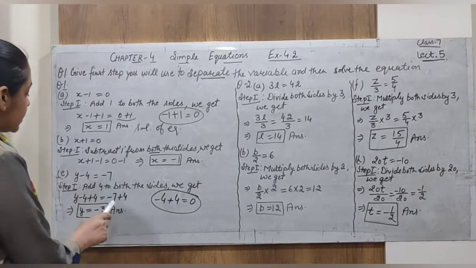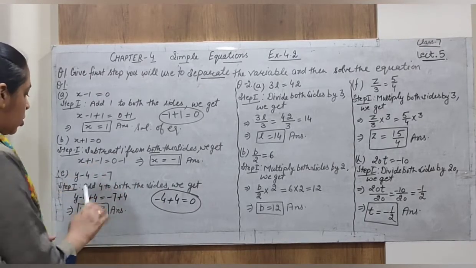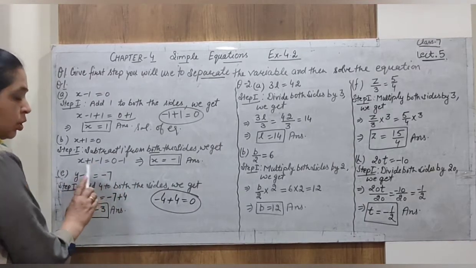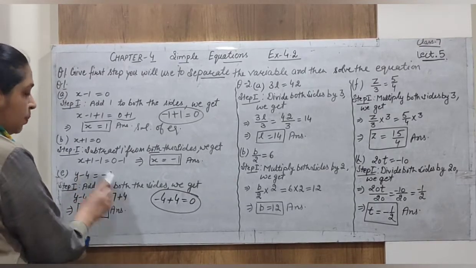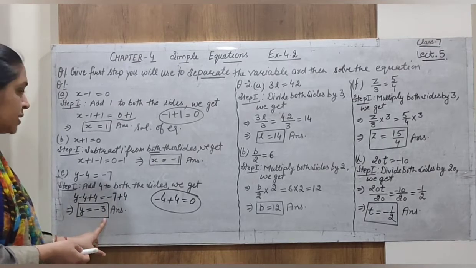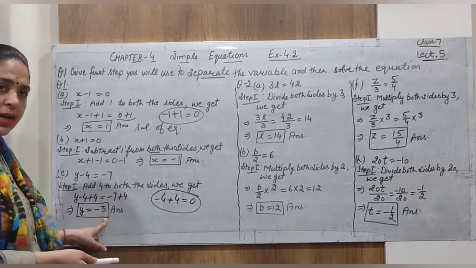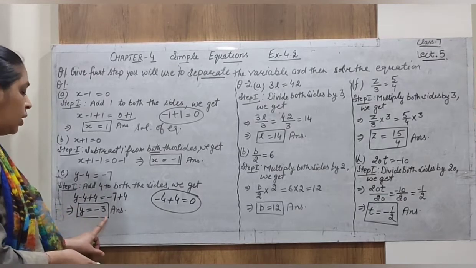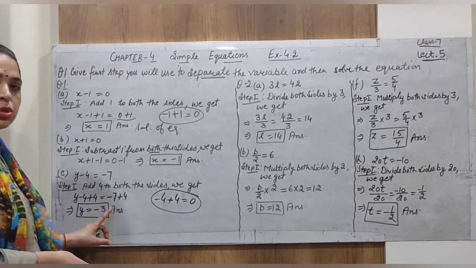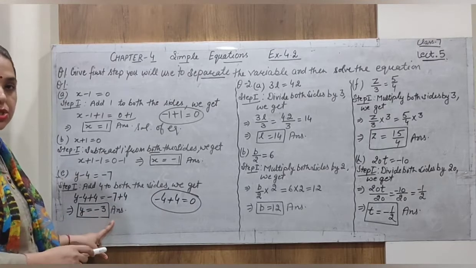And in the right hand side, some changes happen in the constants. Minus 7 is already present. Plus 4 we have done. Minus 7 plus 4, what do we get? Minus 3. So the value of y is equal to minus 3. This is the solution of the equation.